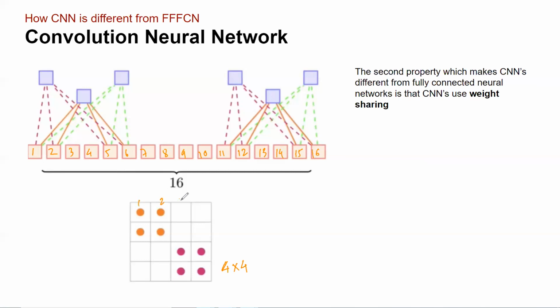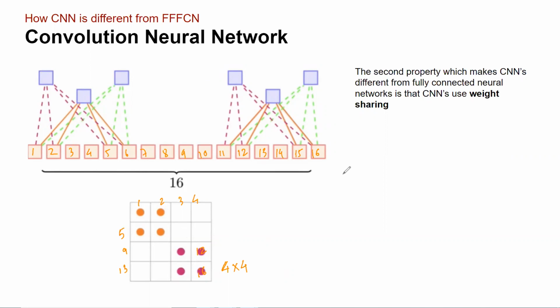Same here also: 4, 5, 6, 7, 8, 9, 13, 16, 12. You understand, right? The positions of these pixel values. So I'm unfolding this 4x4 grid into this one big vector.